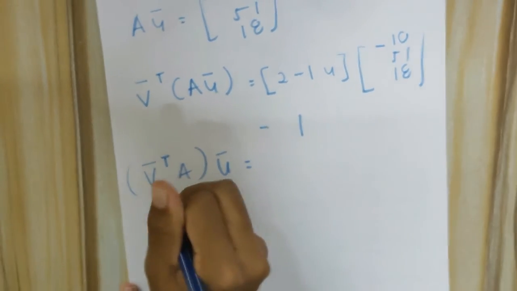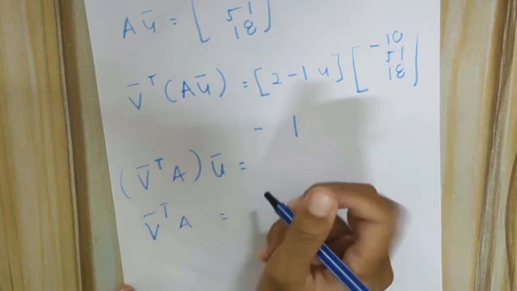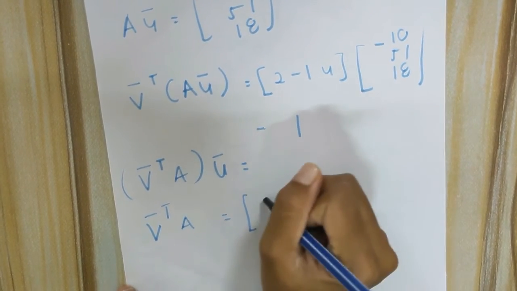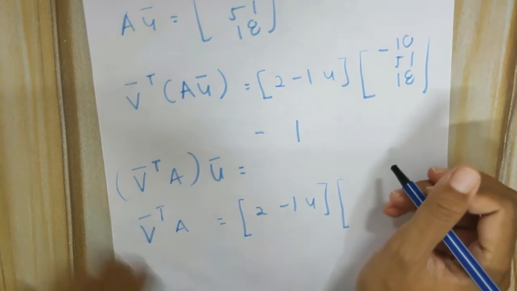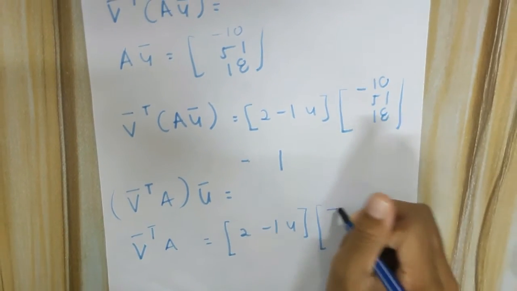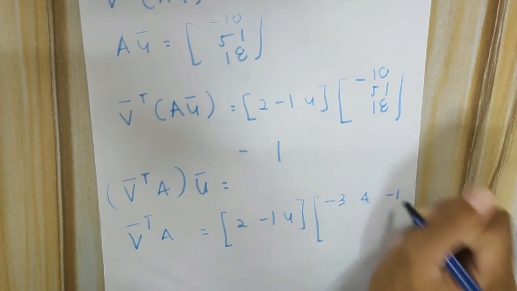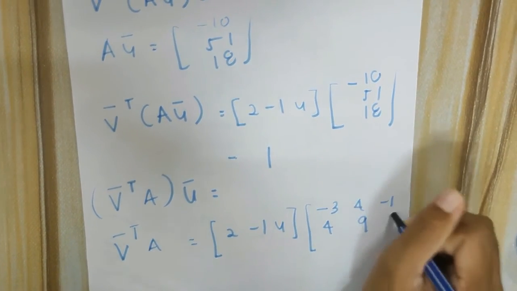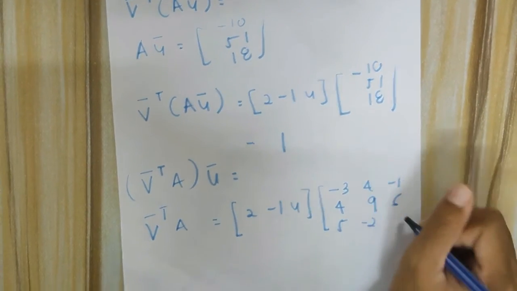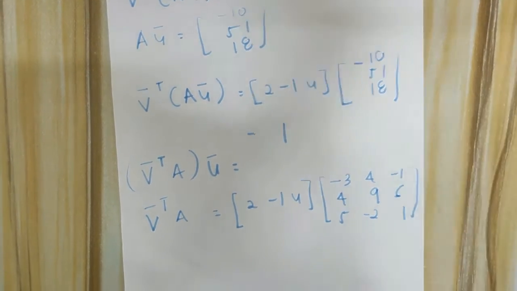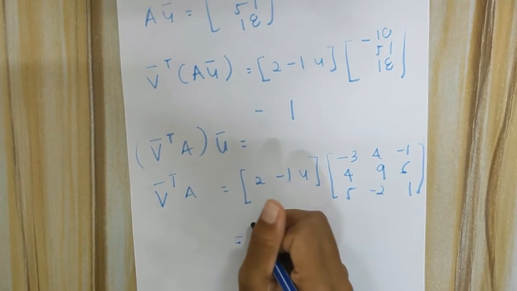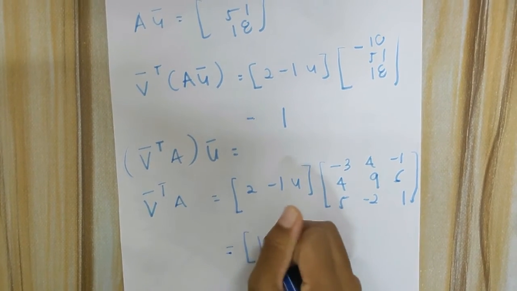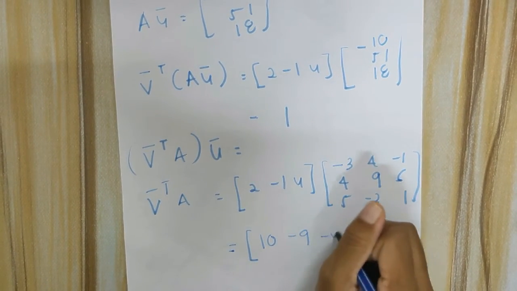V bar transpose A equals V bar, which is 2, negative 1, 4, and matrix A, we copy it back as negative 3, 4, negative 1, 4, 9, 6, 5, negative 2, 1. We do the multiplication product, and the answer that we got is 10, negative 9, negative 4.